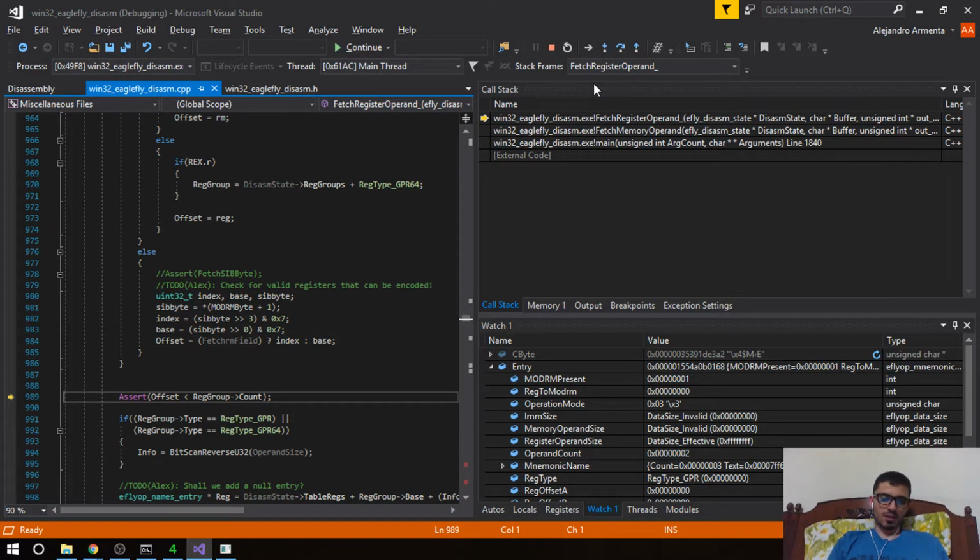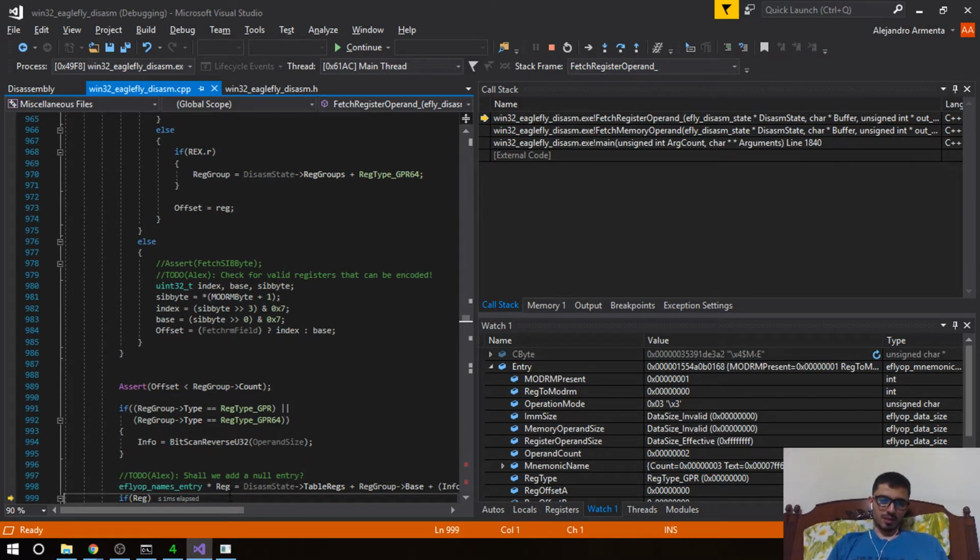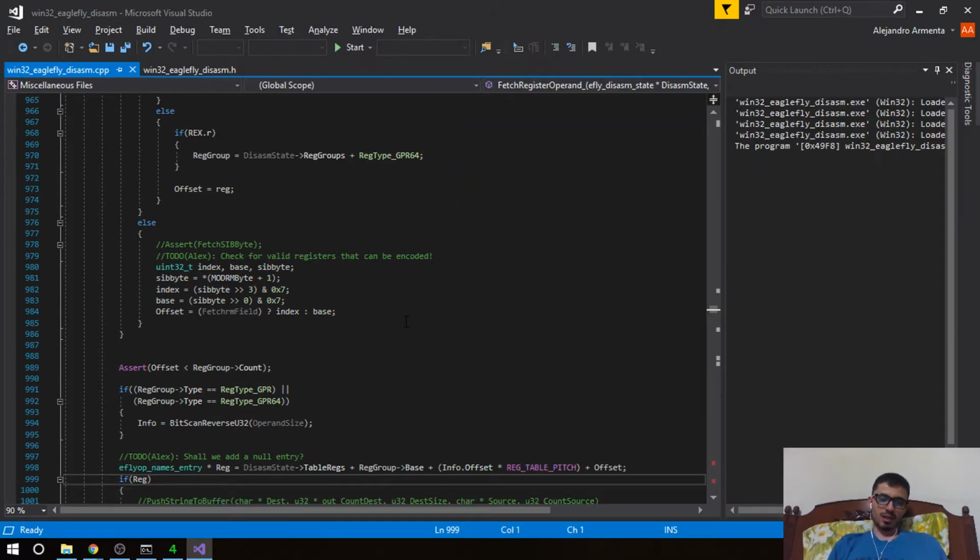If we go there, we have a bit scan reverse, so the register is going to be bananas. It's RSP. That's not correct at all, because we haven't done anything there yet.